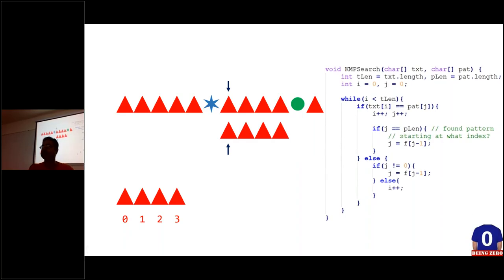That is the algorithm. This one we are doing if we have to find all occurrences. If J equals the pattern length, you found one occurrence. Break if you just have to find one. If you have to repeat, then J moves again to its LPS.